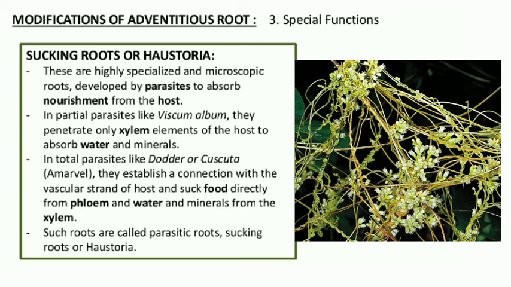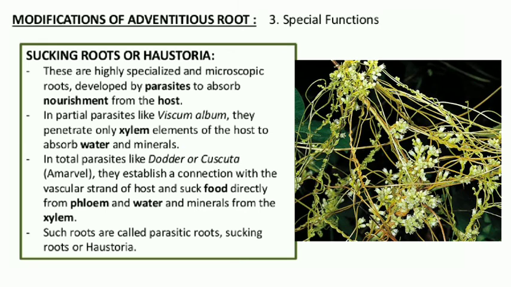To absorb the water, one more thing you should know: xylem is the water conducting tissue and phloem is the food conducting tissue, right? So here the xylem and phloem conduct food and water in the host plant. The parasite like Cuscuta or Viscum forms hook-like roots, means roots which penetrate into the stem of the host and enter the host tissue.